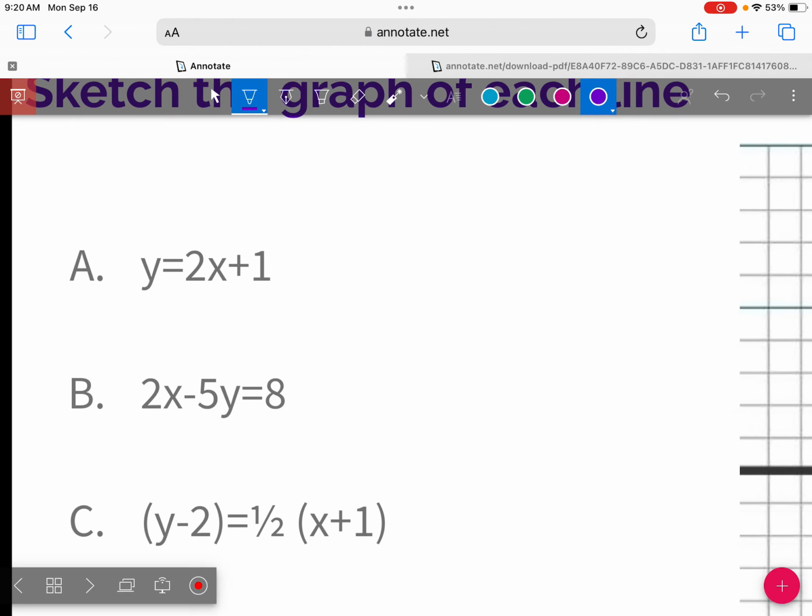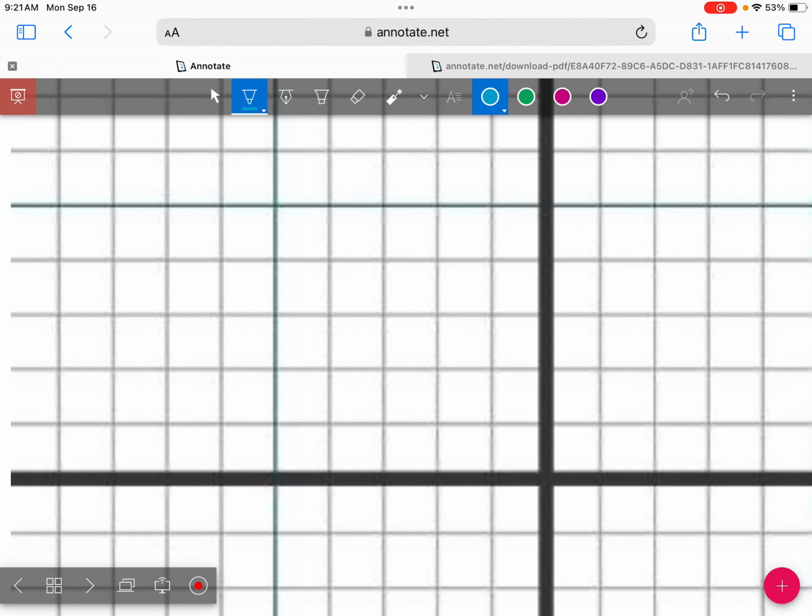So A is going to feel very familiar. We are used to graphing things like this a lot. How are we going to graph this one? Where are we starting? My y-intercept of positive 1, so the point 0, 1.